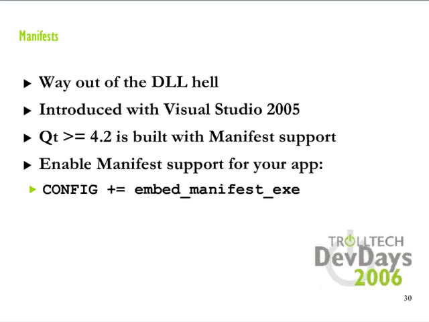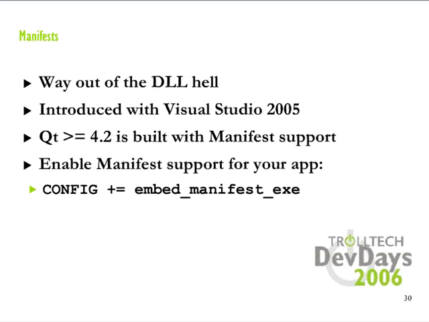So you can make sure that you actually link to the right C runtime, that you don't mix a debug C runtime with a release C runtime, because that's the very, very common case of having crashes. Since you're mixing two runtimes, that's not good. Qt, again, makes it easy, because the manifest support is enabled by default.